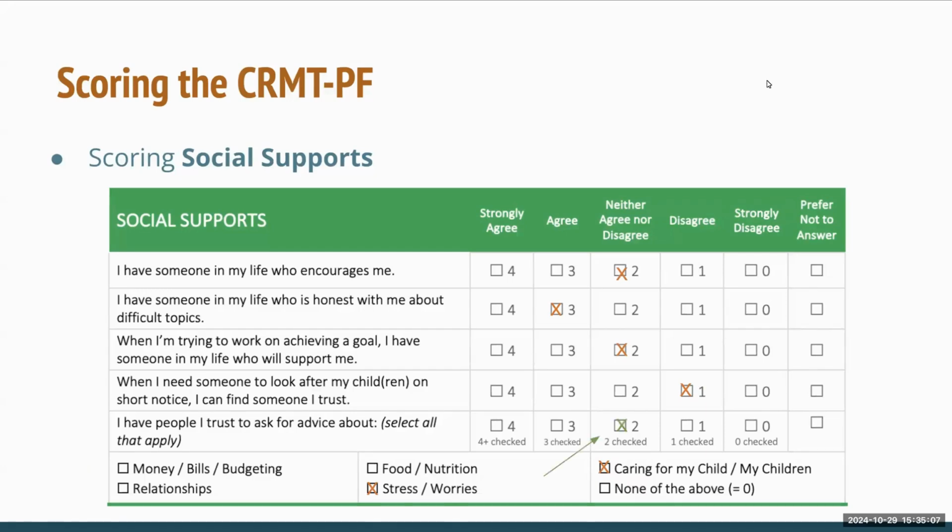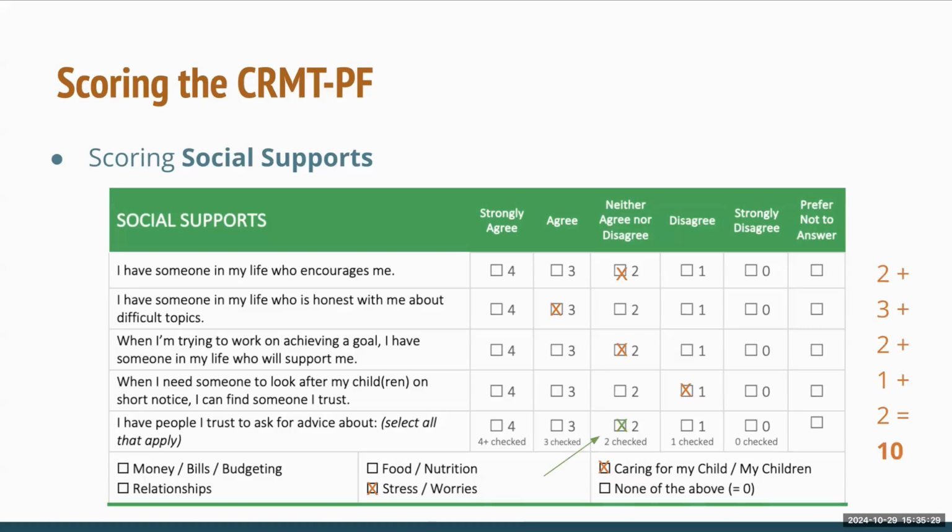How you score that question is based on the number of items checked. In this case, the caregiver scored a 2 as that has been designated as the score for selecting two options. As you can see, the more people the caregiver has in their social network for people to ask advice, the higher they score on that question.